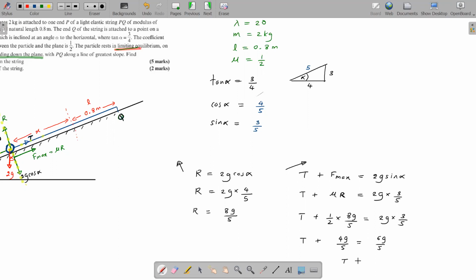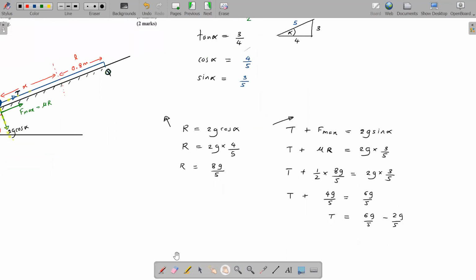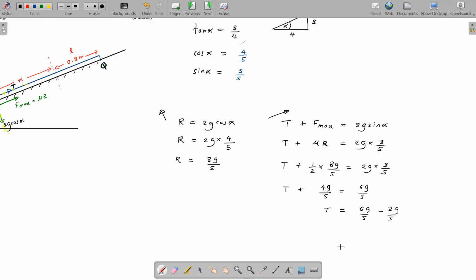So I get here tension equals 6g/5 minus 4g/5. I'm sorry. So tension is 2g/5 newtons. Is that okay? We can give it in terms of g. Better to give tension in terms of g.